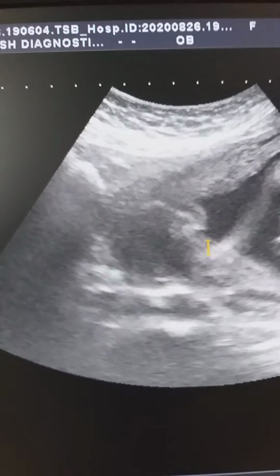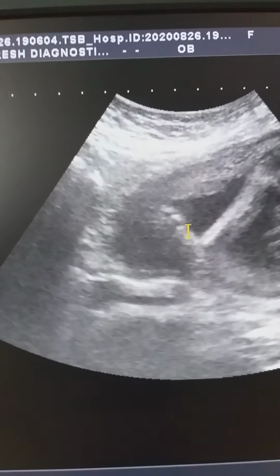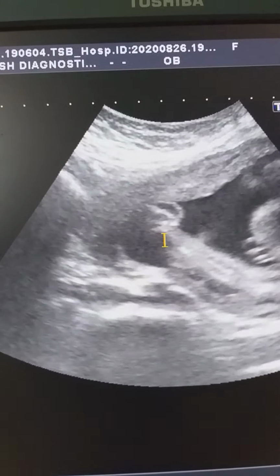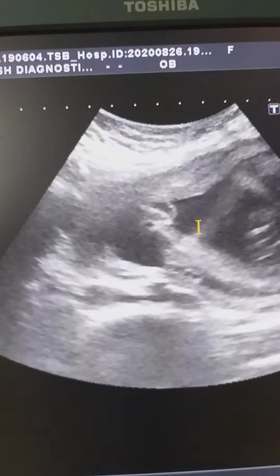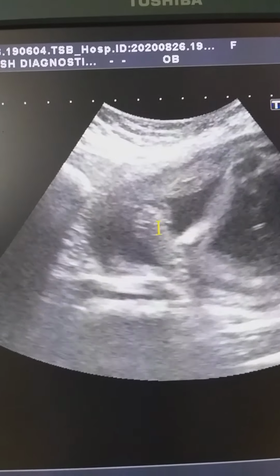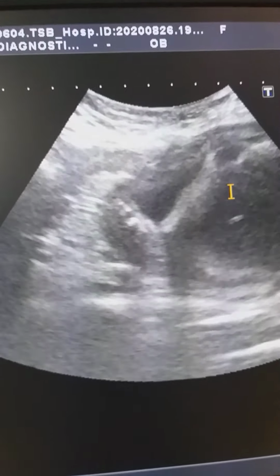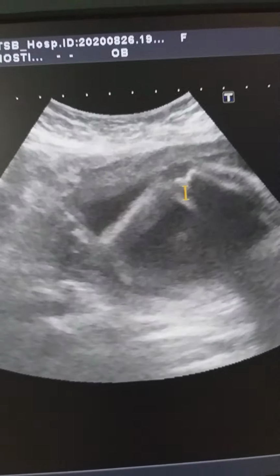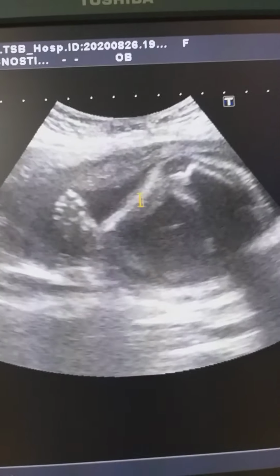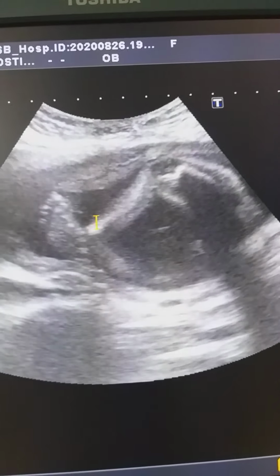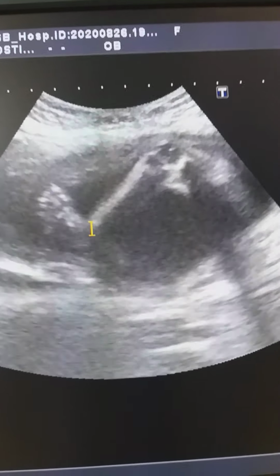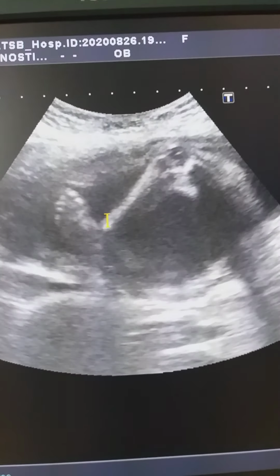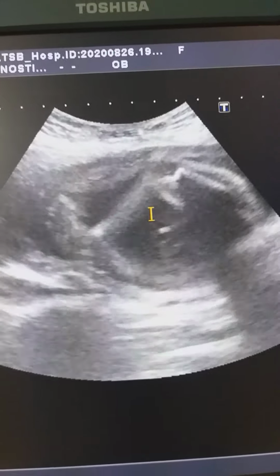And we can appreciate that the foot is slightly medially deviated. This is deviated toward the medial side. So this is another pathology. The foot of the baby is deviated toward the medial side. This is called club foot. So club foot is also present.